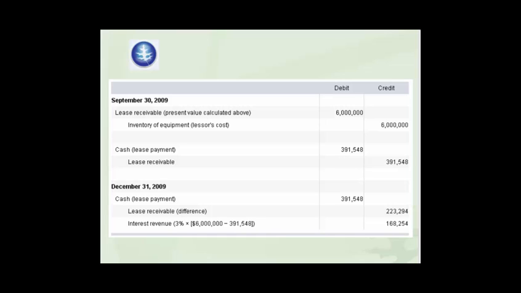So when we take 3% times that remaining balance, we come up with an interest revenue of $168,254. Then the other credit reduces the principal balance of the lease receivable, and this slide calls it a difference, or you could say it was forced. It amounts to a credit of $223,294.